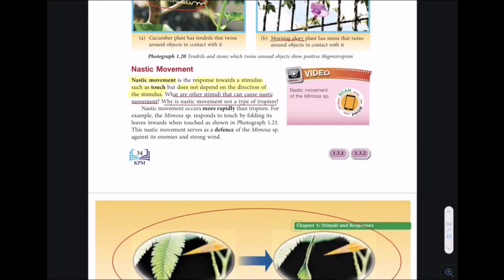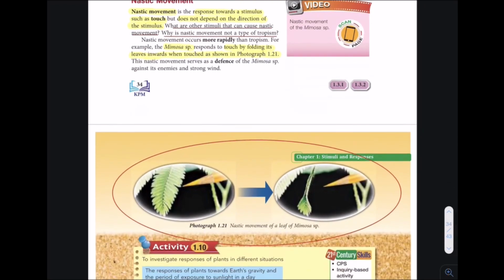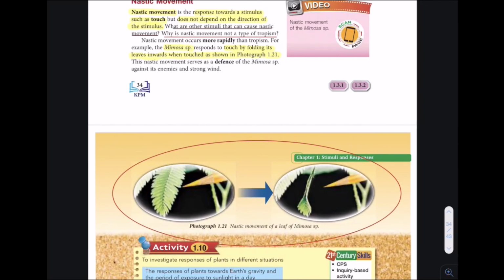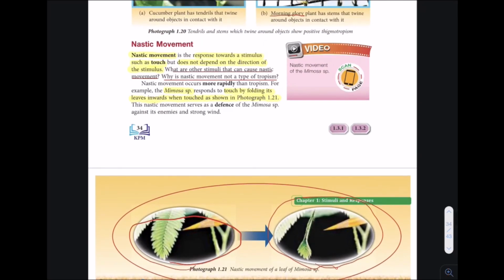Let me highlight an example here. Mimosa species respond to touch by folding their leaves inwards when touched, as shown in photograph 1.21. Here there's a picture of the mimosa plant being touched by a pencil, and it rapidly closed after a few seconds.